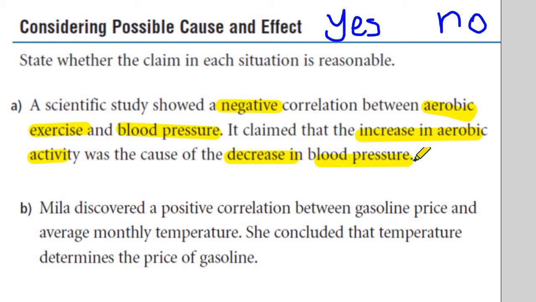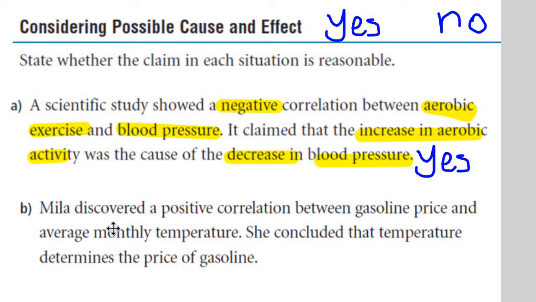That means, does exercise make you healthier? Does one cause the other? Does exercise help you have lower blood pressure? And the answer is yes, it does. Yes, there's a correlation between increased activity and lower blood pressure.